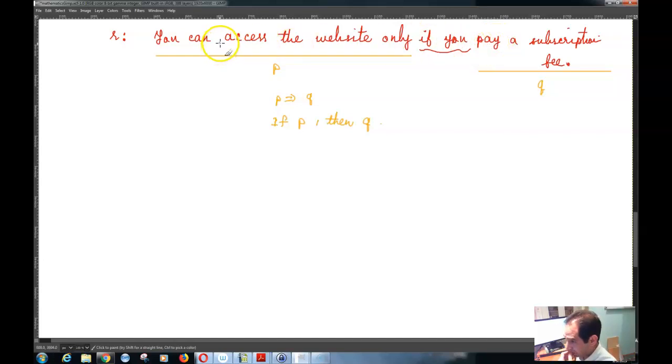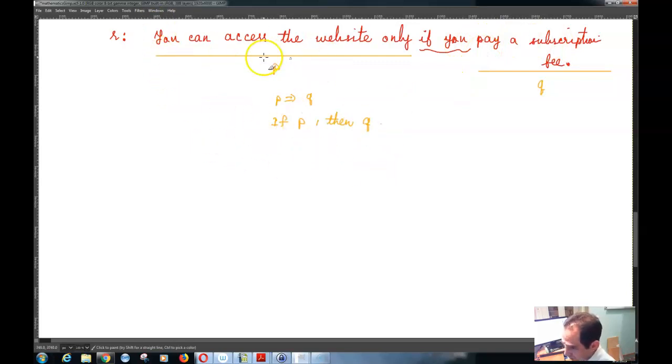So you can write this statement as, if you can access the website, I'm sorry, no. You can access the website if you pay a subscription fee. Well, okay, that does make sense. If you can access the website, then you pay a subscription fee.